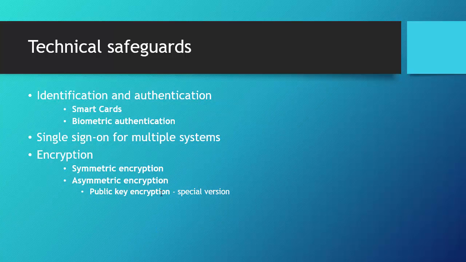There's also public key encryption, which you can use, and you may not realize this, but when you encrypt something, you need a key, and then you need to give somebody else a key to decrypt it. So what that means is you may give out a public key so that other people can decrypt your stuff, and then you have a private key that's used to encrypt all of the information before you send it.